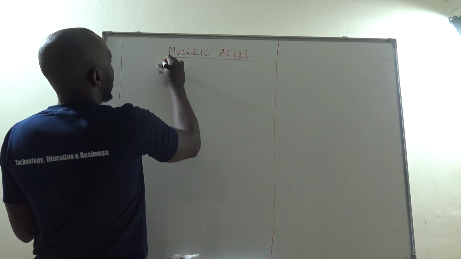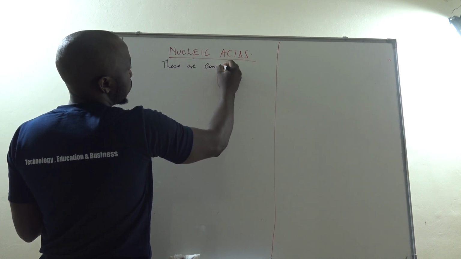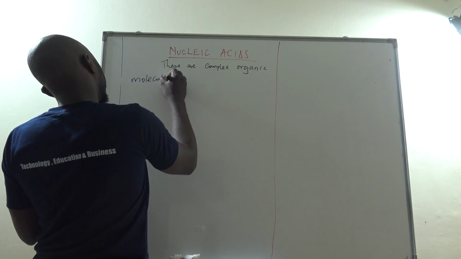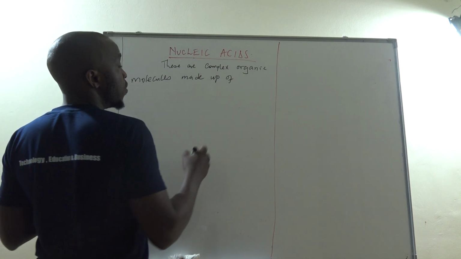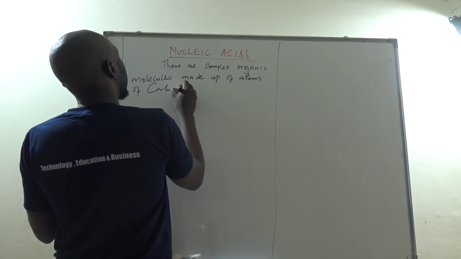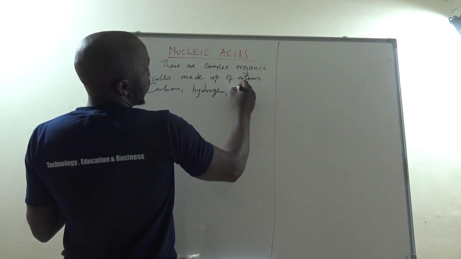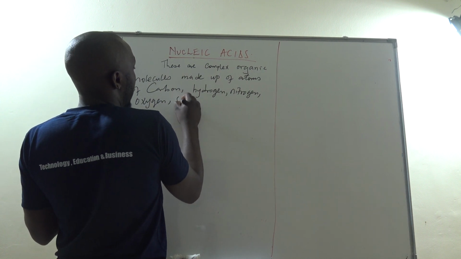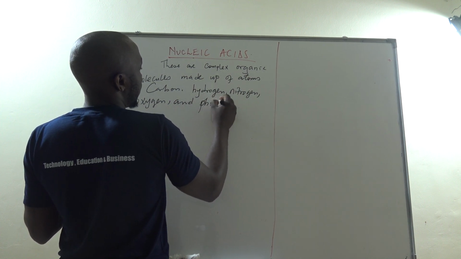So what are they? These are complex organic molecules made up of atoms of carbon, hydrogen, nitrogen, oxygen, sulfur, and phosphorus at large.